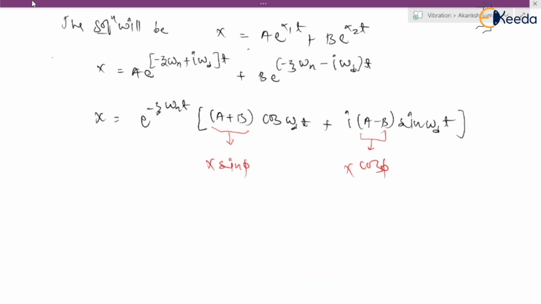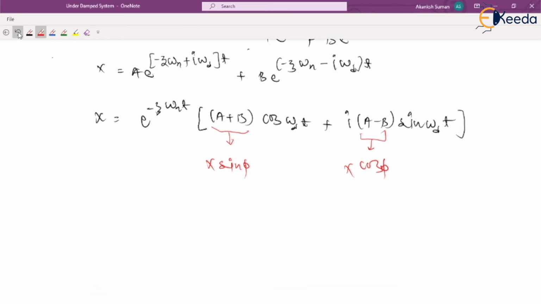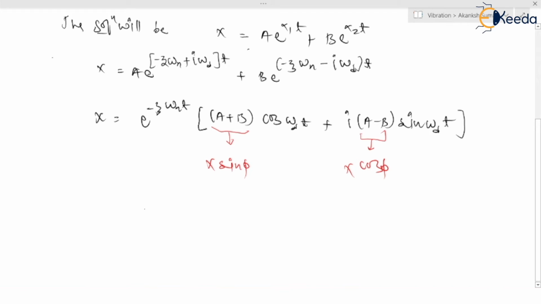So the final equation that we get here would be small x equal to capital X e to the power minus zeta omega n multiplied by t sine. We know the formula sin A cos B plus cos A sin B, like that. So you just have to write it as sin of omega d t plus phi.